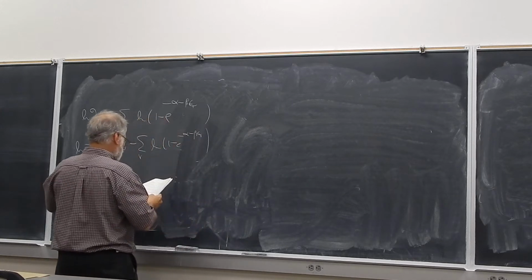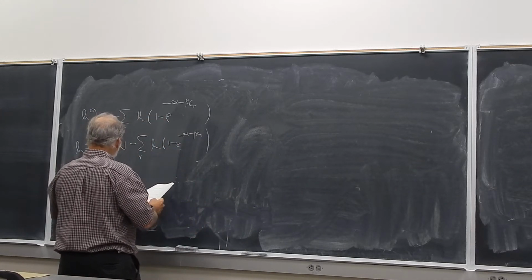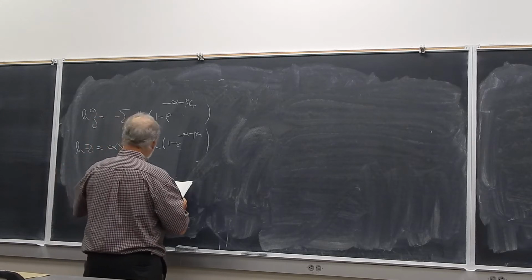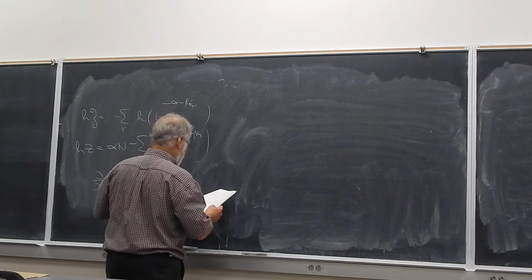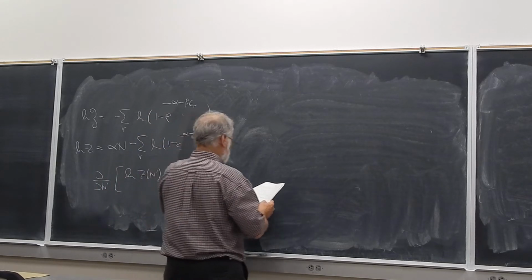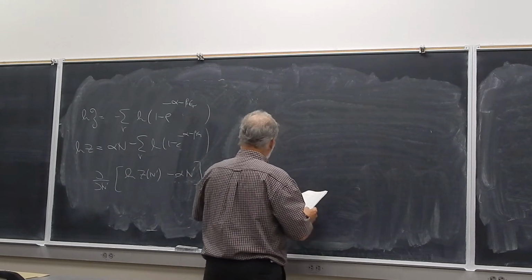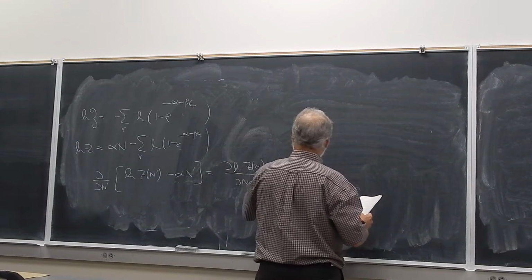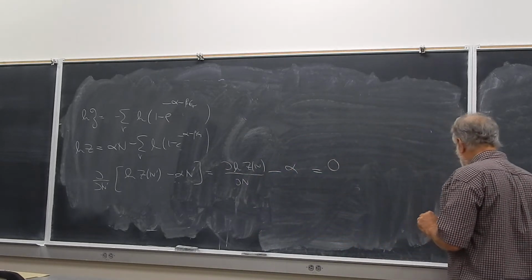And so we can say then that the derivative with respect to n prime of log z of n prime minus alpha n prime is equal to d log z of n dn minus alpha. Of course, that's going to be equal to 0.